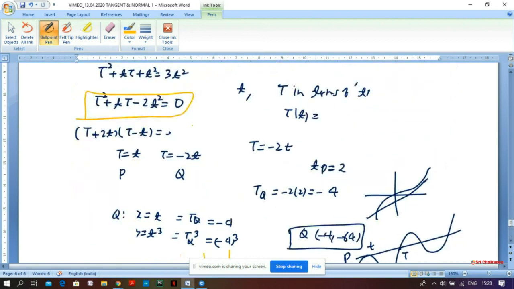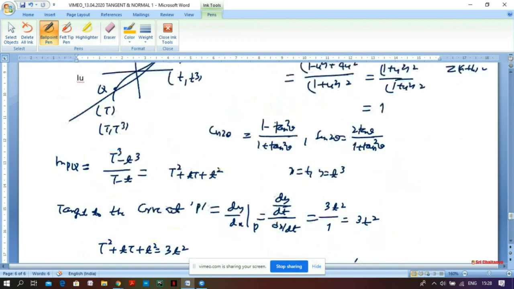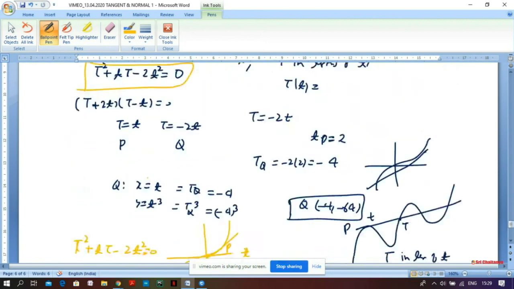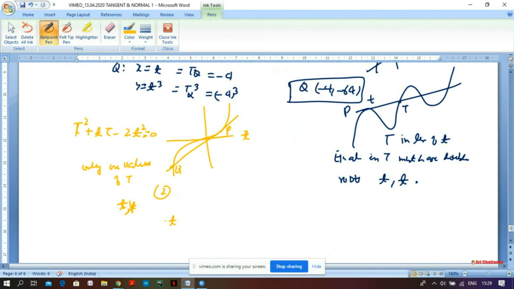Because already t once came here, if you remember, we cancelled it in the formation of this: T minus t, T minus t. So one t is already gone, and one t is here, small t. Product of roots, tQ times t, equals negative 2t squared. So tQ is nothing but negative 2t. So I need not solve this.